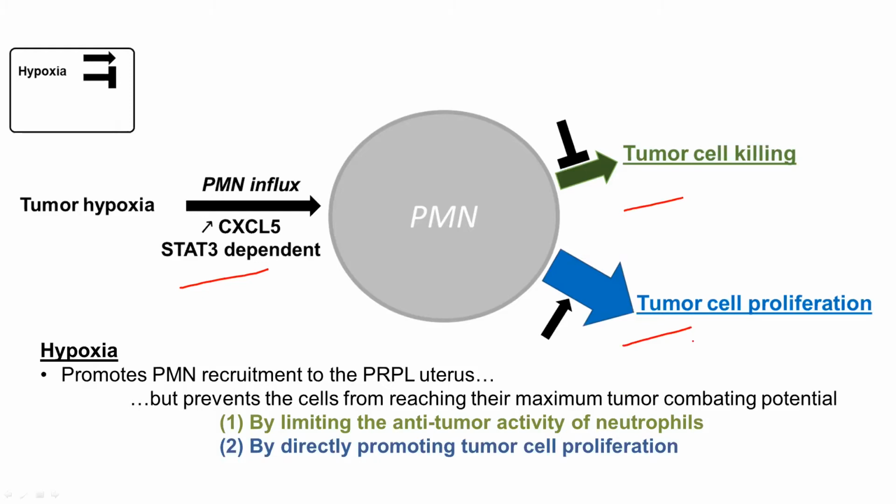So this is very interesting because we always thought that neutrophils in aggregate were either pro-tumor or anti-tumor cells. But in fact, what we show here is that each neutrophil shares both pro-tumor and anti-tumor activity, and that the balance between this pro-tumor and anti-tumor activity is likely controlled by tumor hypoxia.